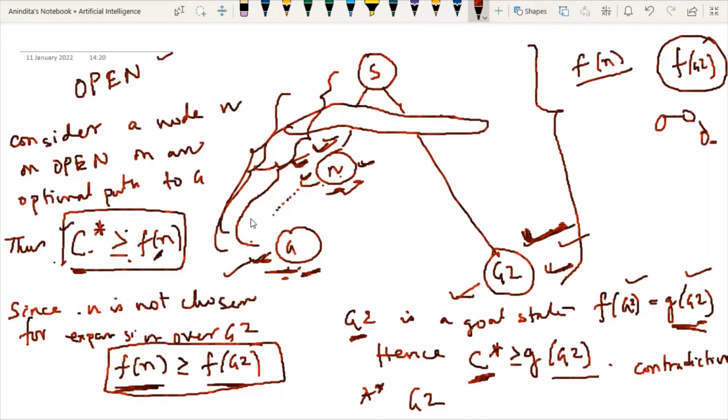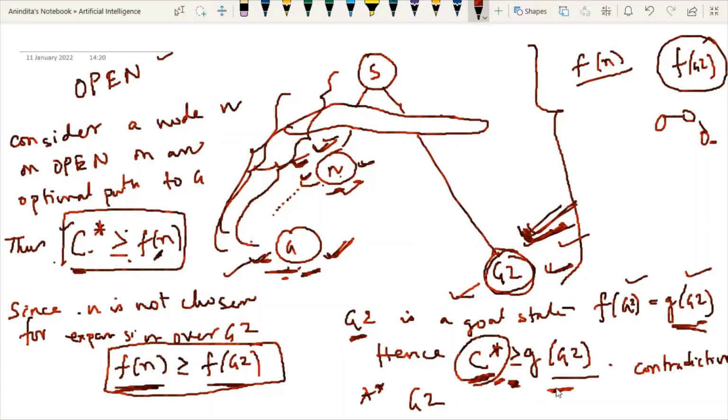So here what we are going to prove is that if this node is selected, then we will consider that the cost of reaching this goal is always less than the cost of reaching this node. However, the optimal cost is C star and it is proven that this optimal cost C star is not greater than or equal to the cost of reaching G2.